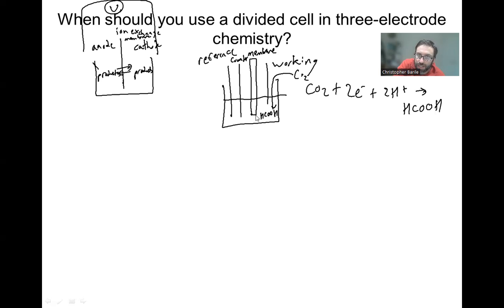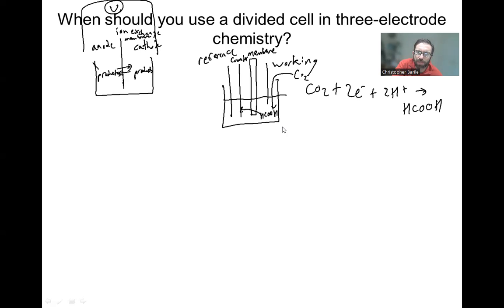If I don't use a divided cell, what I worry about is that formic acid going to the counter electrode and being oxidized back to CO2 or some other product. And then when I go to detect how much formic acid I have, it's not really a true measure. I'm going to be losing some. Okay, and so that's the main reason why you want to use a divided cell.